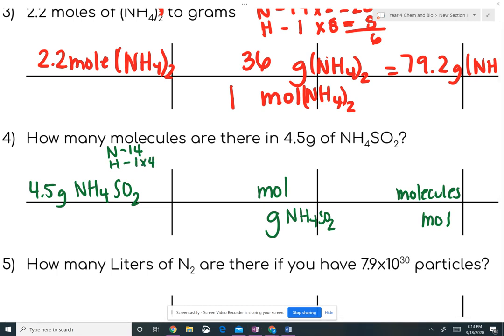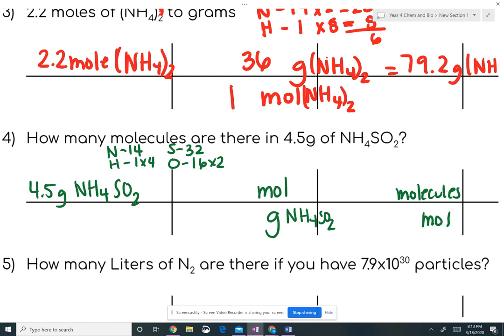My sulfur is going to be 32. And my oxygen is going to be 16, and I'm going to have 2 of those. So I'm going to add those things together.